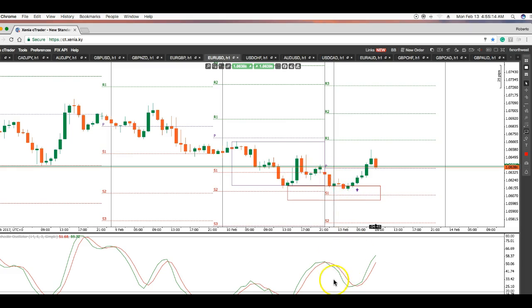During the Asian session, the stochastics indicator was up here, so I couldn't take the trade until stochastics was at least almost oversold, and that was the entry here. But we've exited this trade because it's hitting a level of resistance.